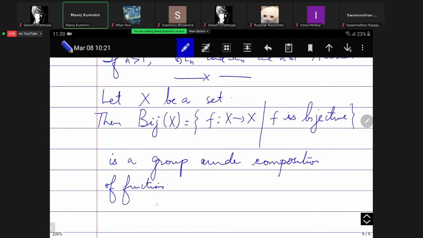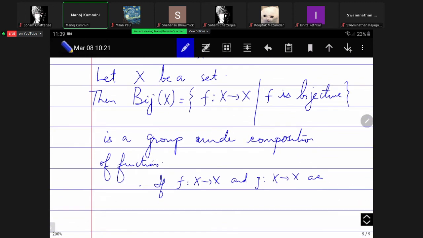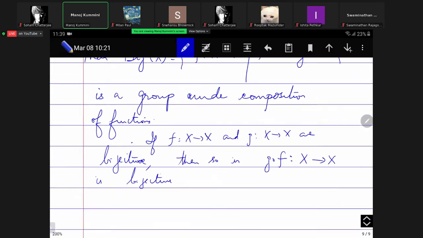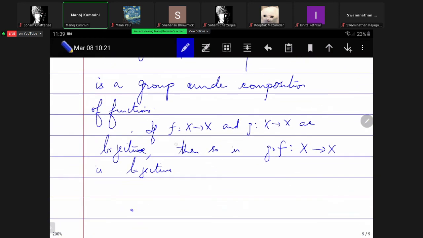So what are we saying? If f from X to X and g from X to X are bijective functions, then so is g composed with f, or f composed with g; it's the same logical statement, since these are universally quantified.